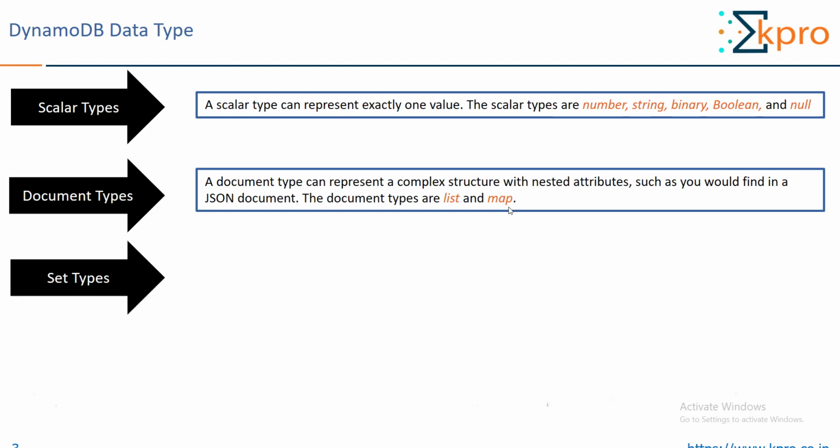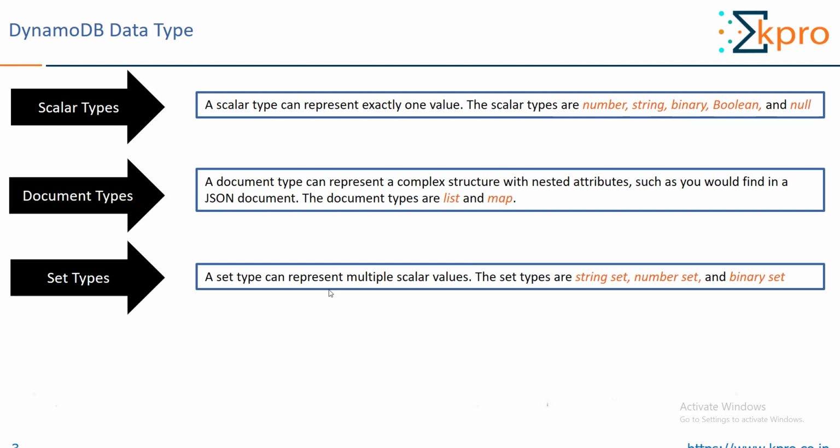Set is a type of scalar value, like set of number, set of string, set of binary. So a set can represent multiple scalar values, and the set types are string set, number set and binary set. So overall we have divided into three parts. Collectively we have number, string, binary, boolean, null, list, map, string set, number set and binary set.